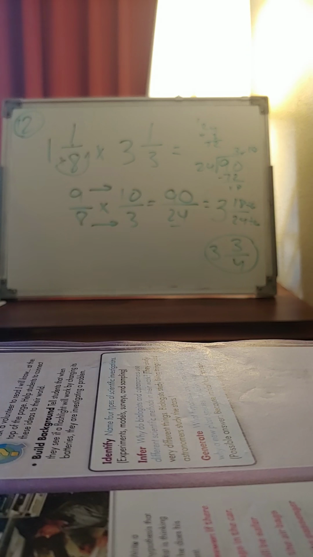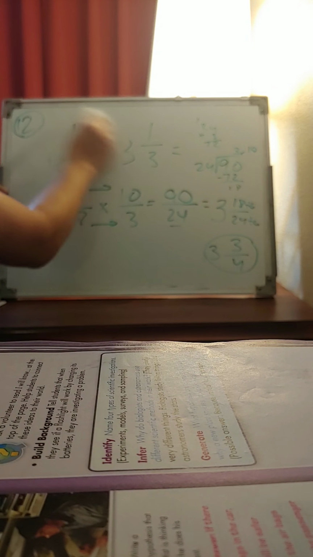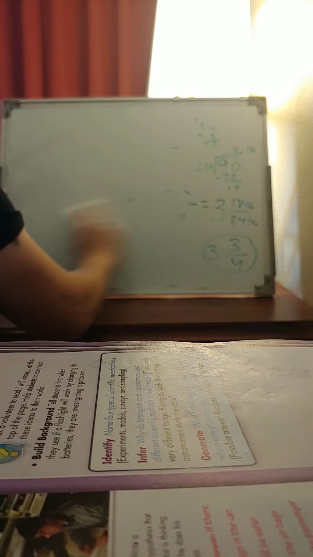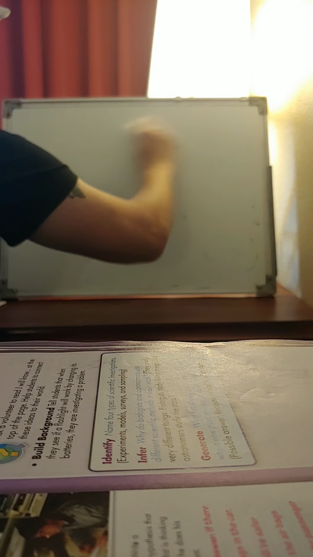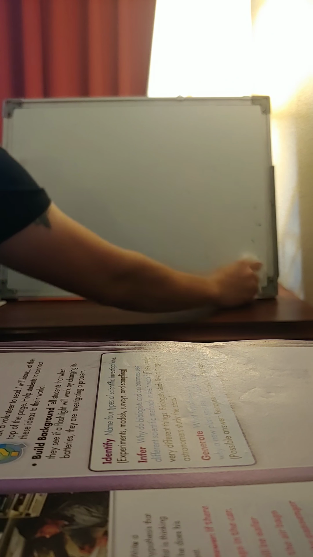Okay, the next problem we're going to go over is number 22, which also includes 21. So once you get computation, like you're able to multiply mixed numbers, the next step is turning it up a notch.